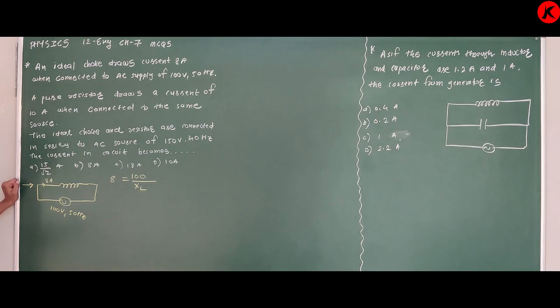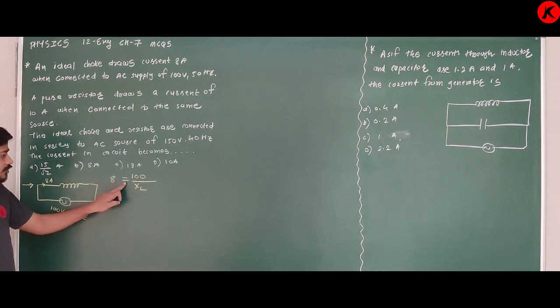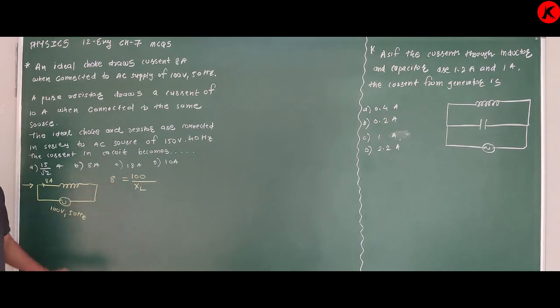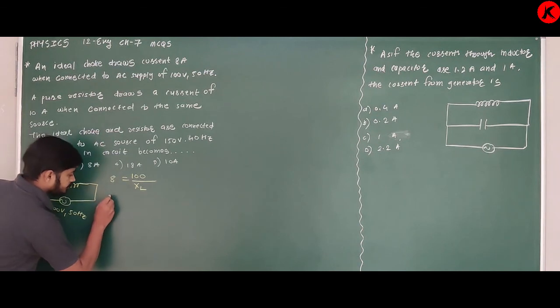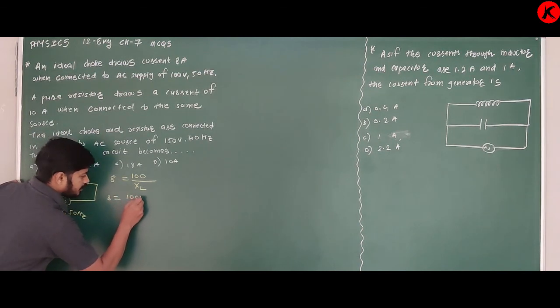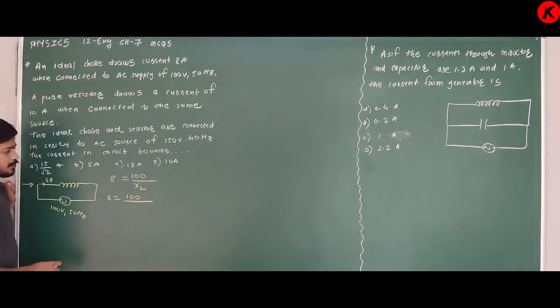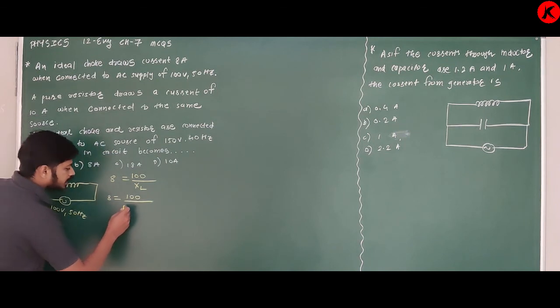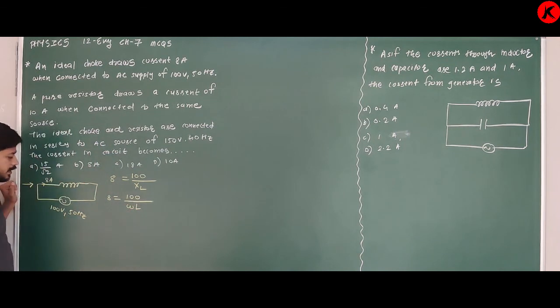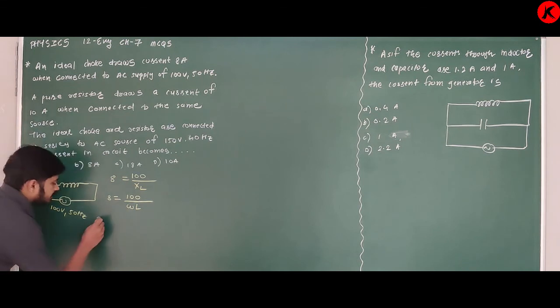In short, current is equal to voltage upon XL. XL means omega L, and omega is 2 pi f.